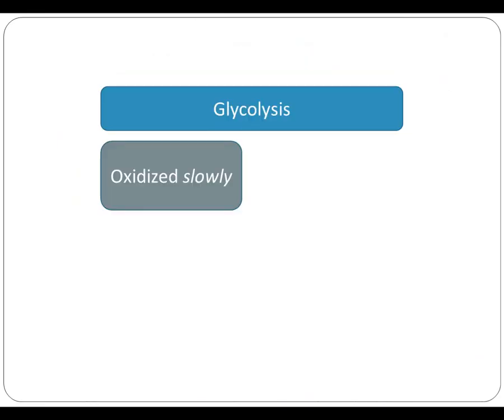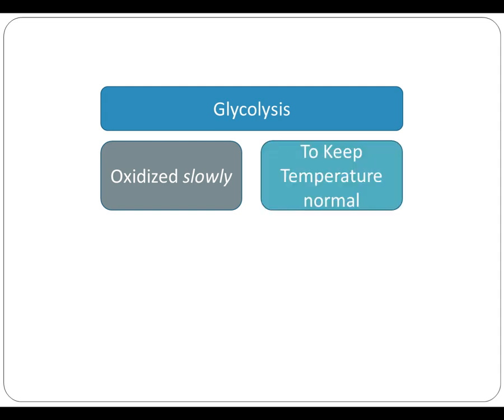All right, so we continue. What we said is the whole point of glycolysis is a slow oxidation of glucose. We said to be efficient, and if you remember, chemical reactions are exothermic, they can release heat.